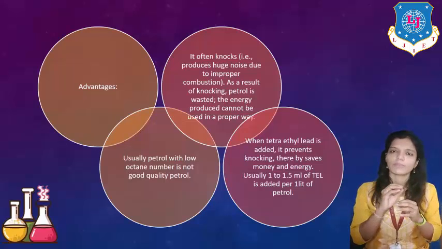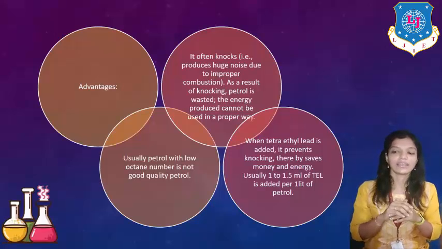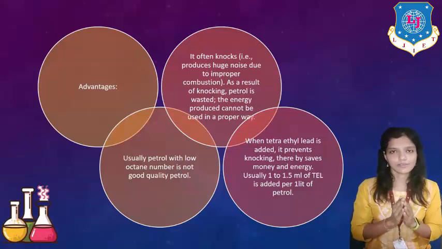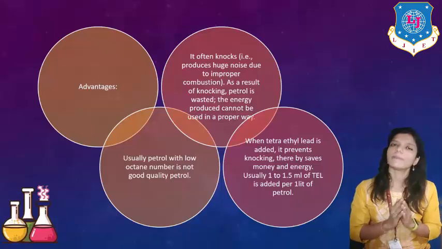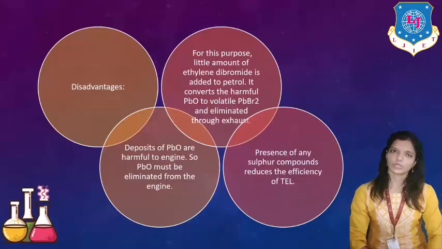When tetraethyl lead, TEL, is added, it prevents knocking, and it saves our money and our energy. Usually 1 to 1.5 ml of TEL is added per liter of petrol. It is widely used in almost every kind of petrol.